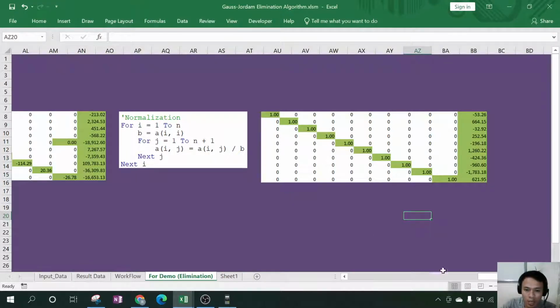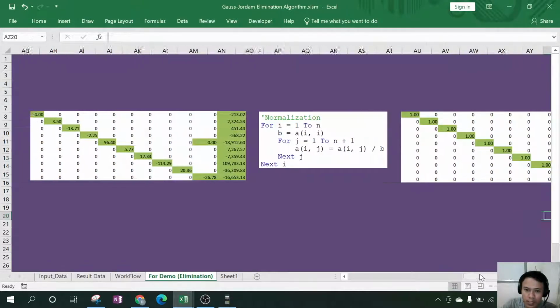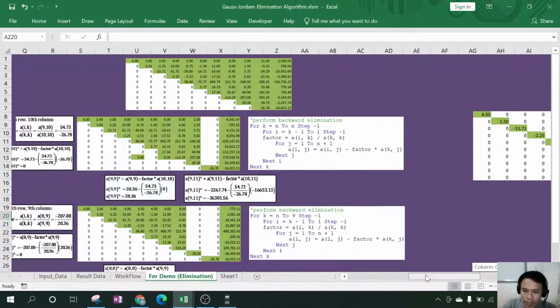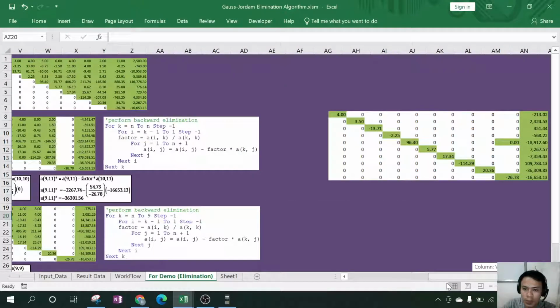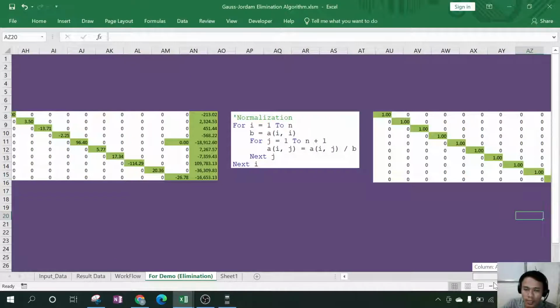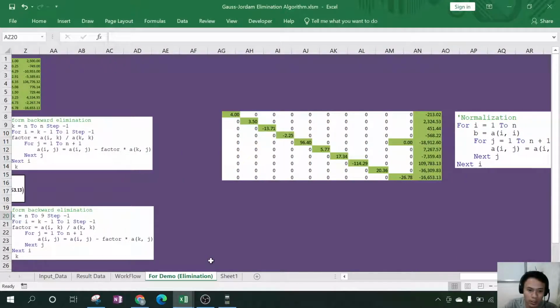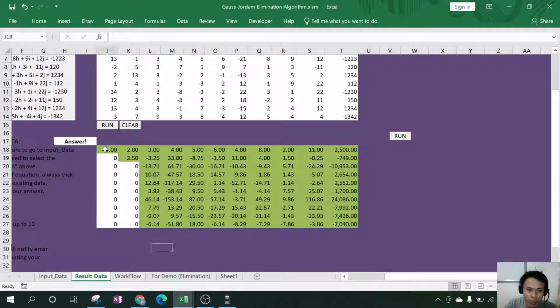Now after this one, we need to make a code again to display what the code has done. Since we need to output the result in the present worksheet, so here is our worksheet. So we need to input the result here.